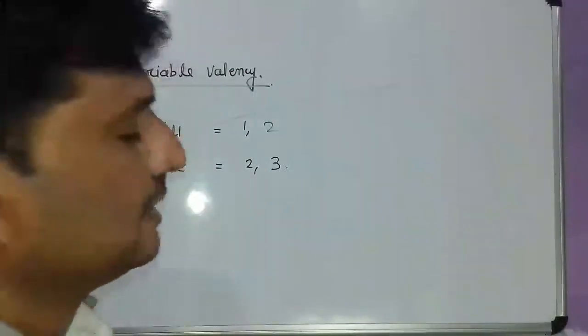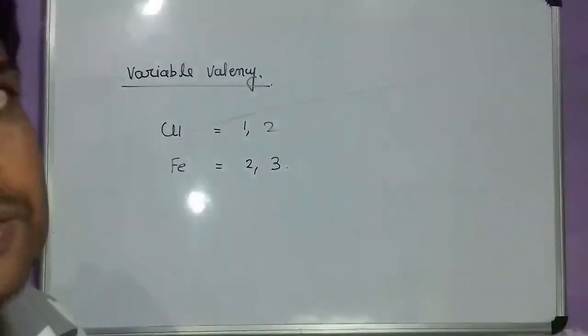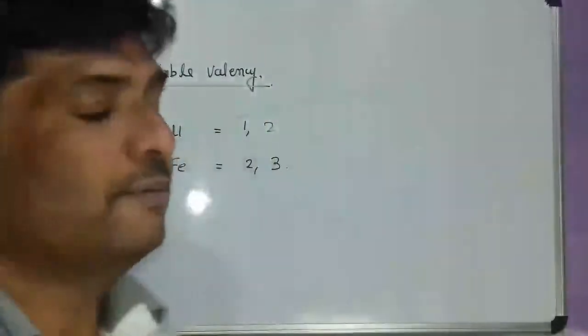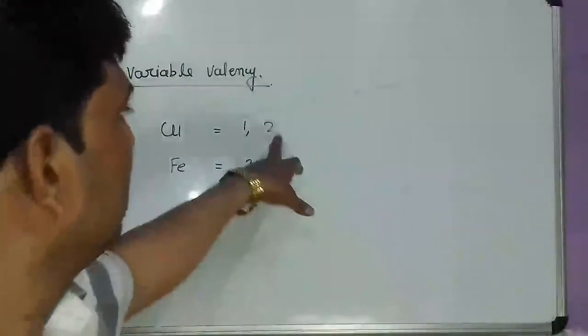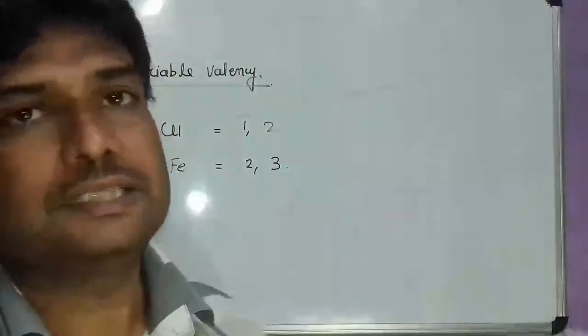Copper shows two valencies, so its lower valency is 1 and its higher valency is 2. The lower number of valency is called lower valency, and the higher is called higher valency.